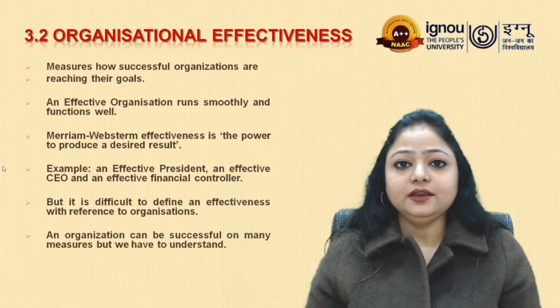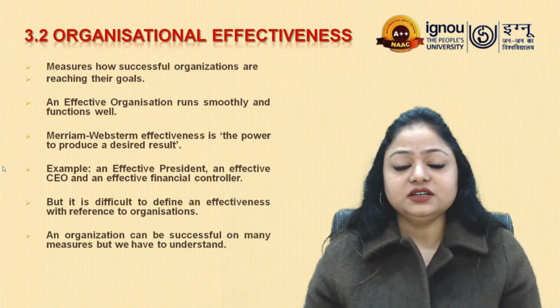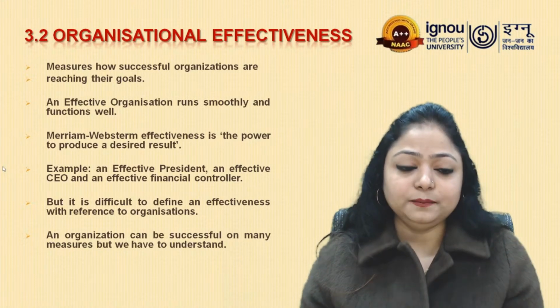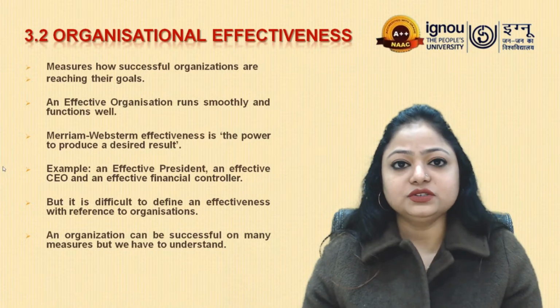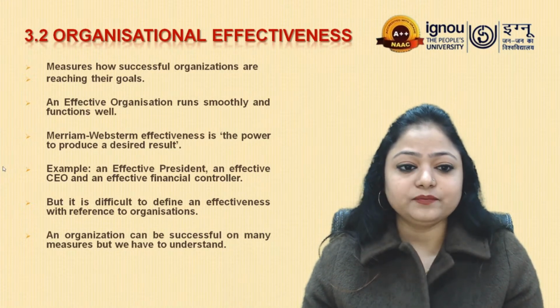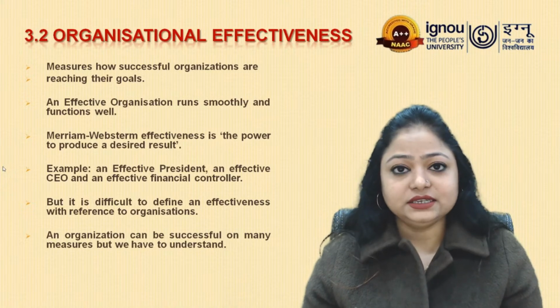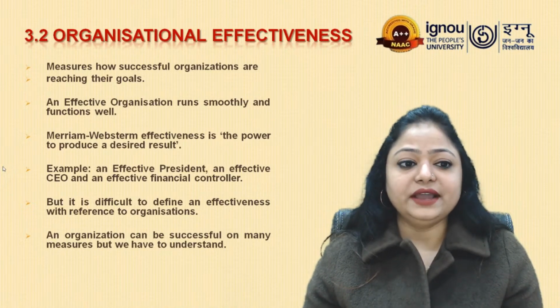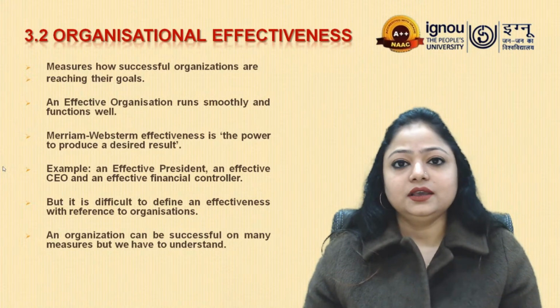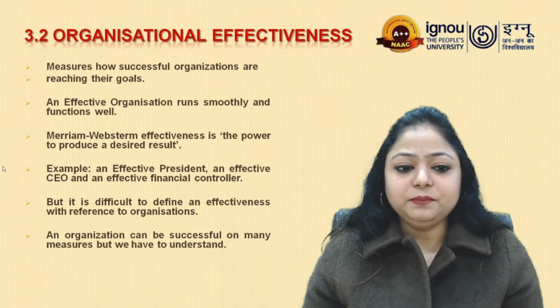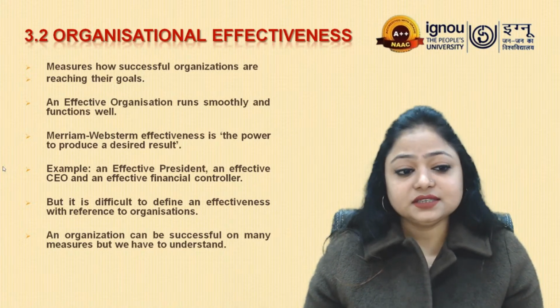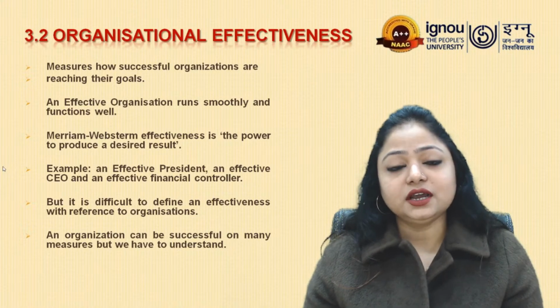If we see the meaning of effectiveness, what is effective? Merriam-Webster's dictionary says that it is the power to produce a desired result. So, if an organization is trying to produce the desired result, we call it an effective organization. For example, an effective president, an effective CEO, an effective financial controller.